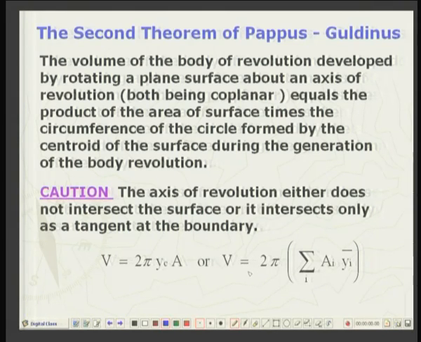If this is in piecewise segments, then we can do the same thing as we did for the first theorem: 2 pi times the summation of each of the areas times the height of the corresponding centroid from the axis of revolution. Again, the best way to illustrate the use of this theorem is to take up an example.